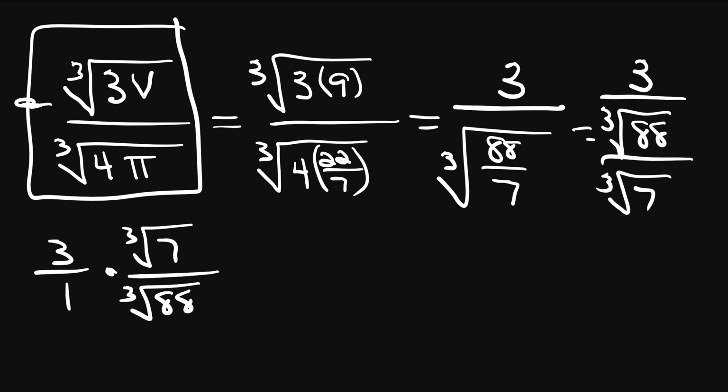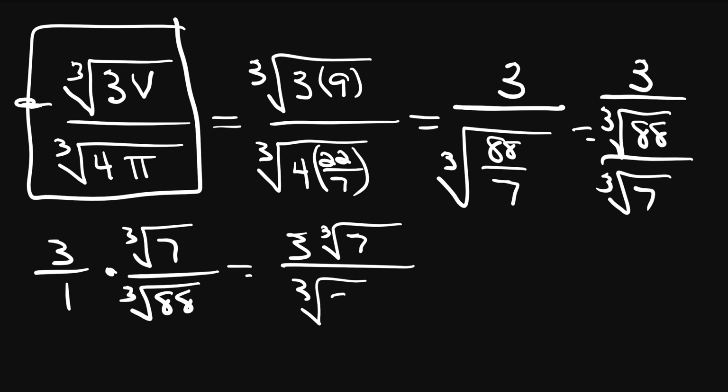Now what's critical here is I want to simplify that cube root of 88. I don't want to multiply that across yet, or I could, but eventually I will. So I'll put these two together here. It's 3 times the cube root of 7, over this cube root of 88.